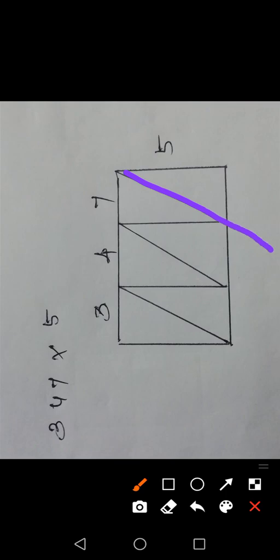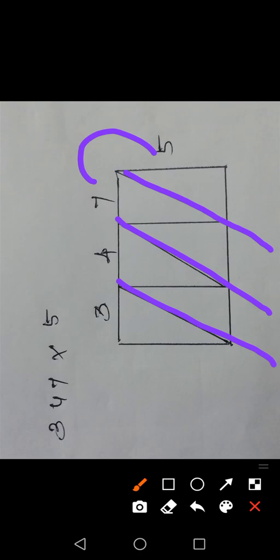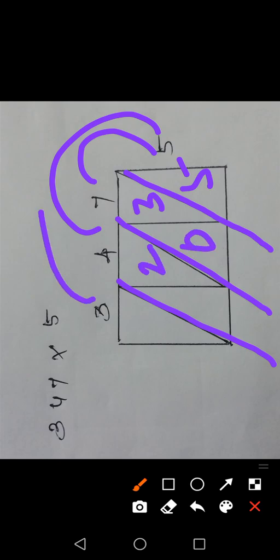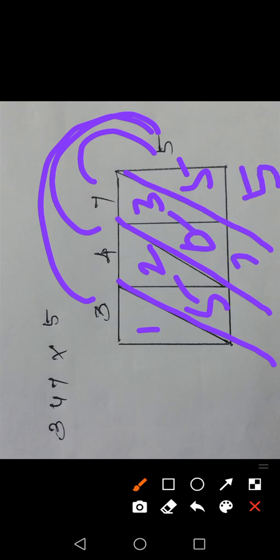Next 7 5s are 35, 4 5s are 20, 3 5s are 15. Correct? Then 5, 0 plus 3 is 3, 5 plus 2 is 7, and 1. Now we got the solution, 1735. How to read? 1735. Very good.